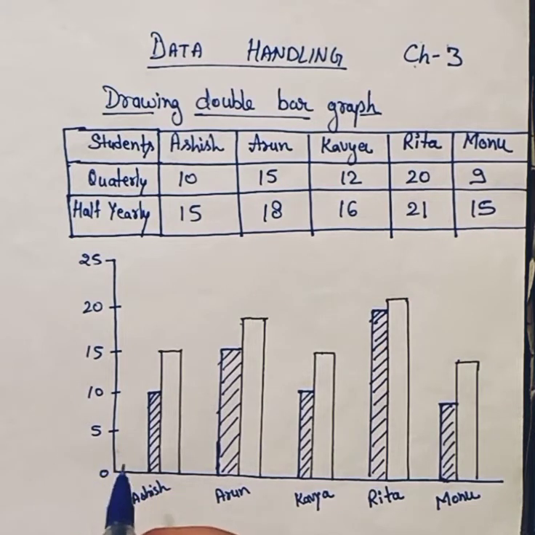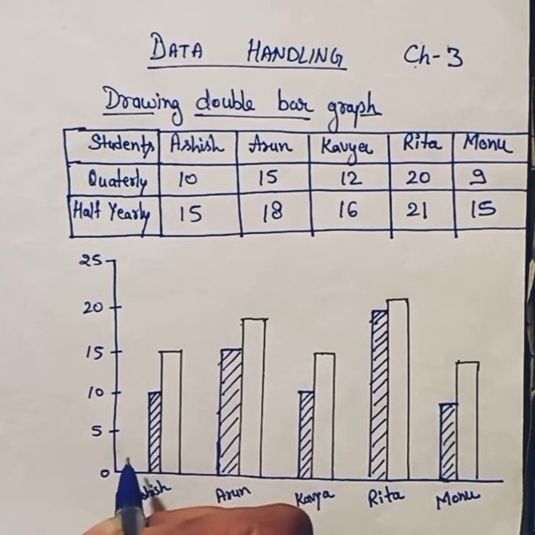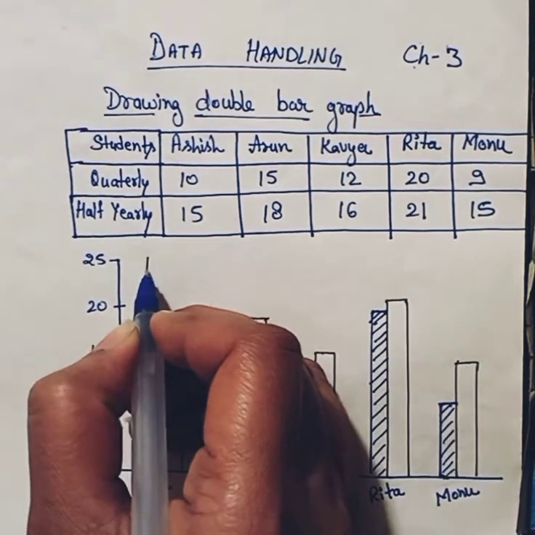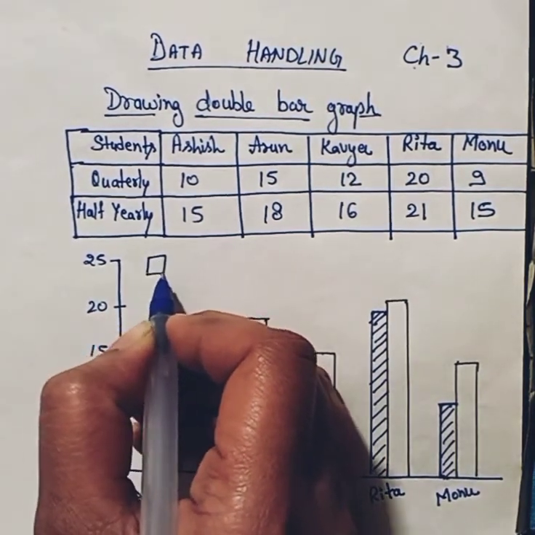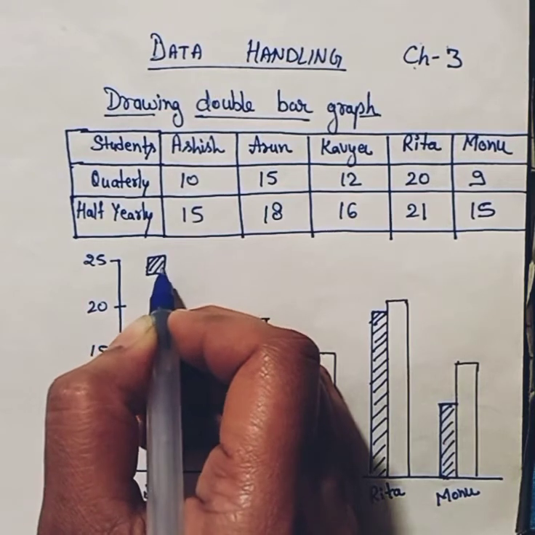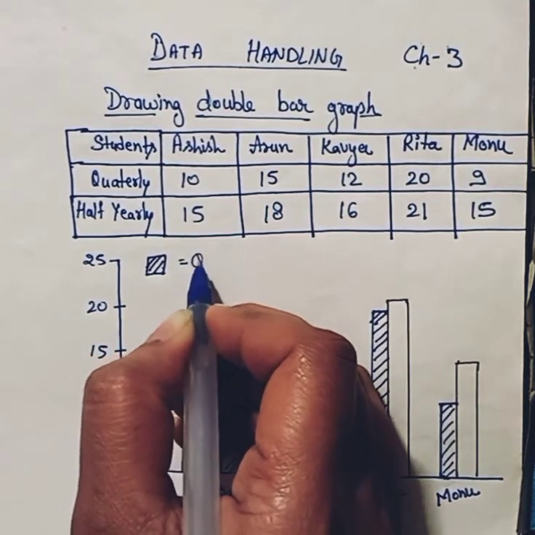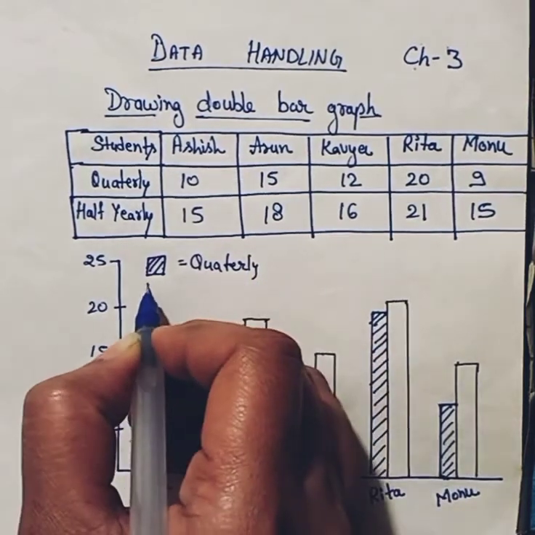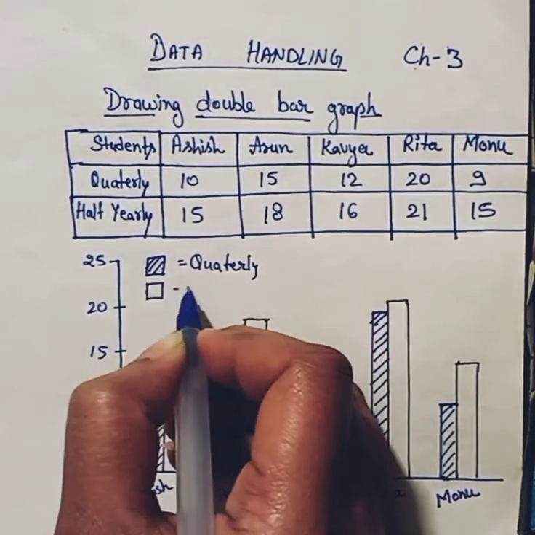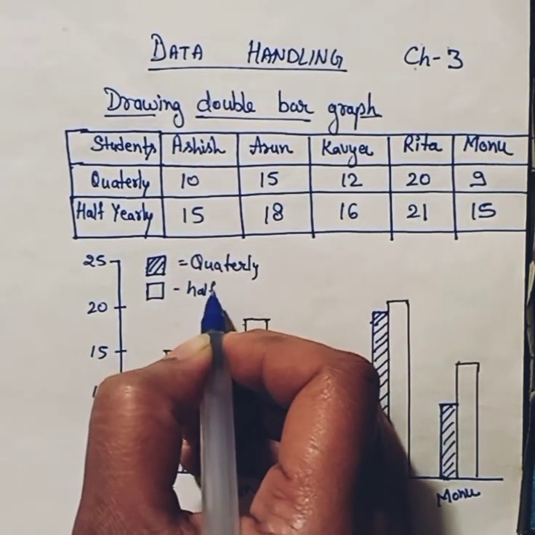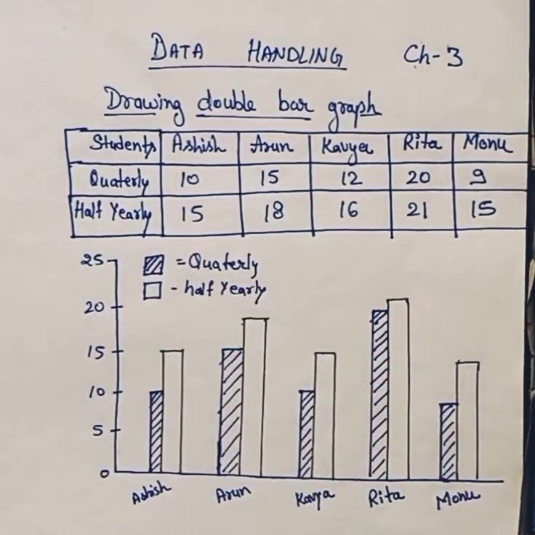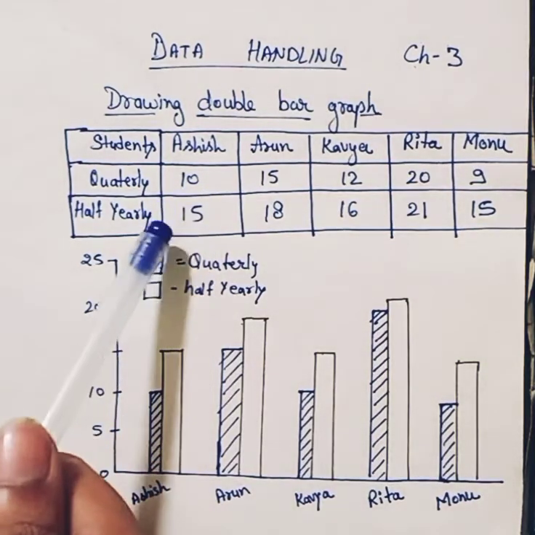First of all, you have to decide which of the two patterns you will use for what. So I am going to draw over here the lined box as the quarterly marks, and the plain box as the half yearly marks. Here for Ashish, the numbers are 10 and 15.